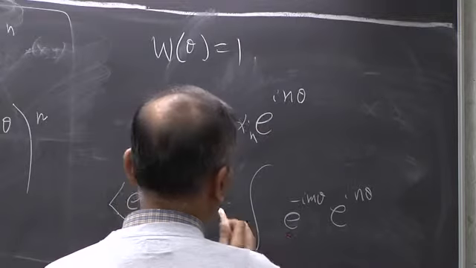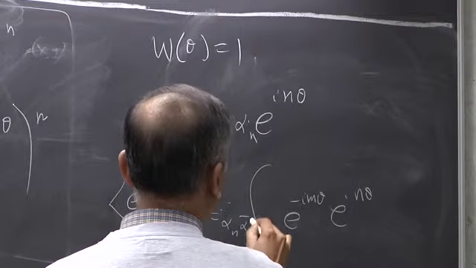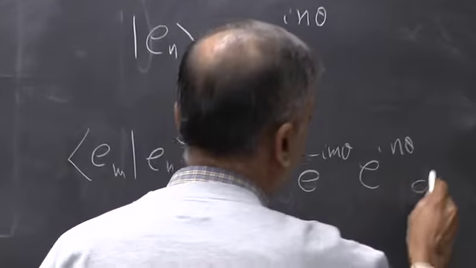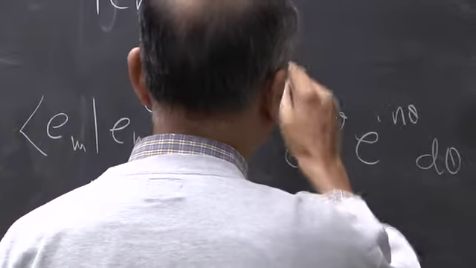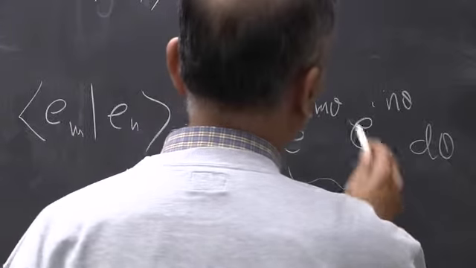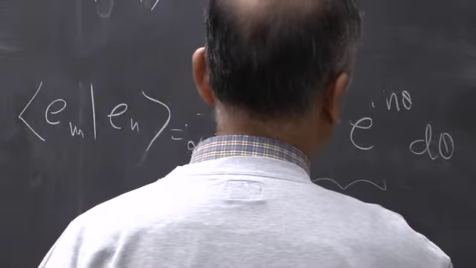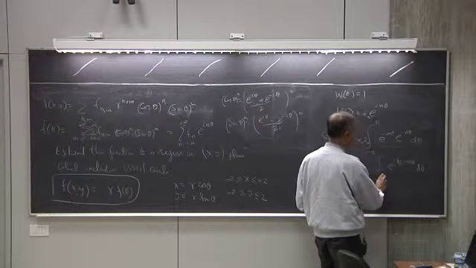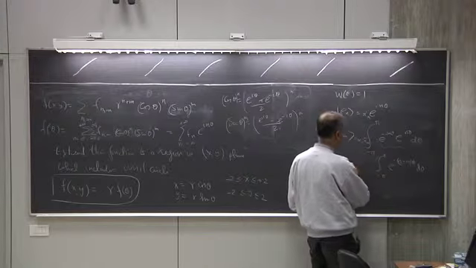So here you get alpha n, alpha bar m, and then the integral d theta from minus pi to plus pi. This integral you can perform. This is e to the power of i (n minus m) theta d theta, from minus pi to plus pi.